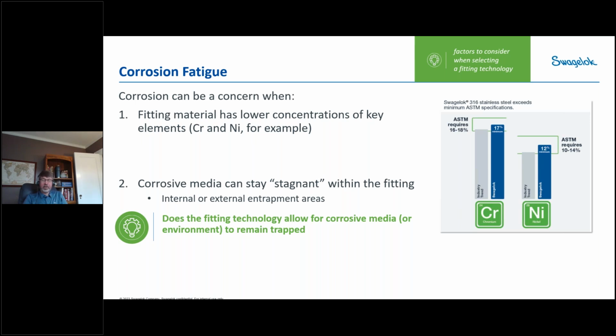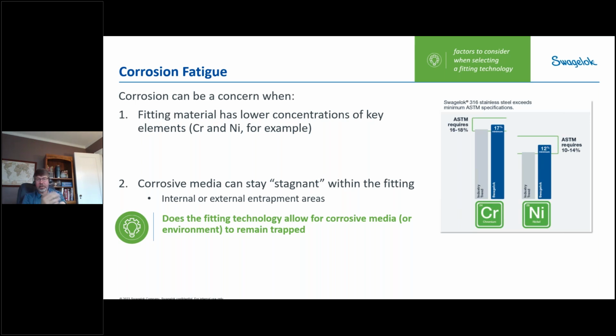And there are different variables here that can determine how long that fitting is going to last. Like the obvious one is the material the fitting is made of. And there are things we can do. There are exotic alloys that will last a long time, but there are also ways to control the way stainless steel is made and the compositions within the stainless steel to have it last longer.